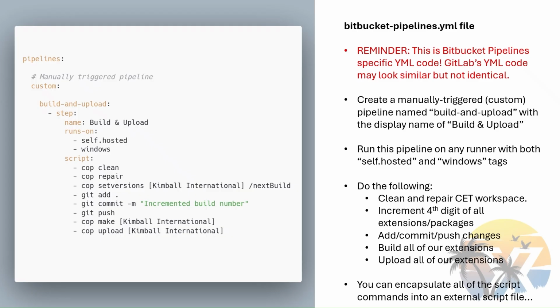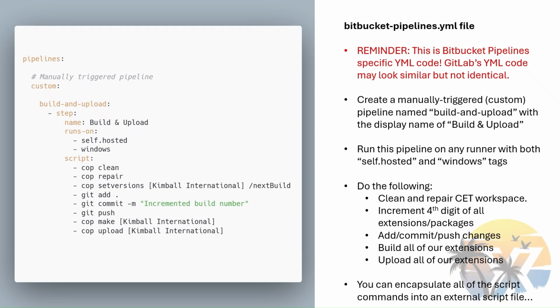When I say manually triggered, I mean there's a button on the Bitbucket website that you press, run, and you will manually trigger that pipeline. So it's custom, it's manually triggered. Now within that, we are creating a build and upload pipeline. So we are creating a manually triggered pipeline named build and upload. And within that, this build and upload pipeline has one step.